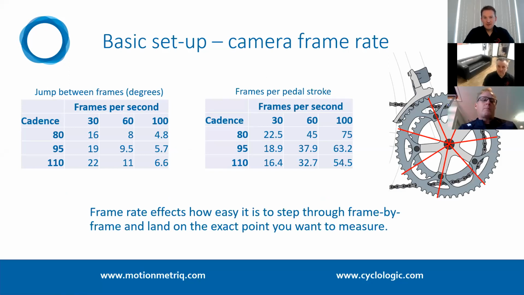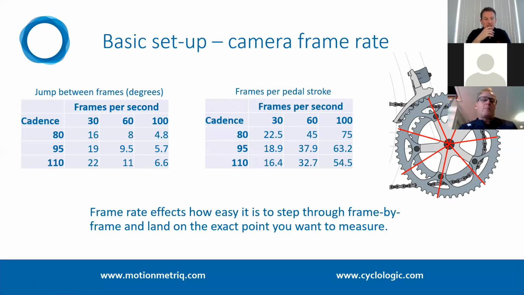So frame rate is something most people in video are familiar with. On the right hand side, we've got a diagram of the crank, and I put some red lines on there to demonstrate what these charts show.